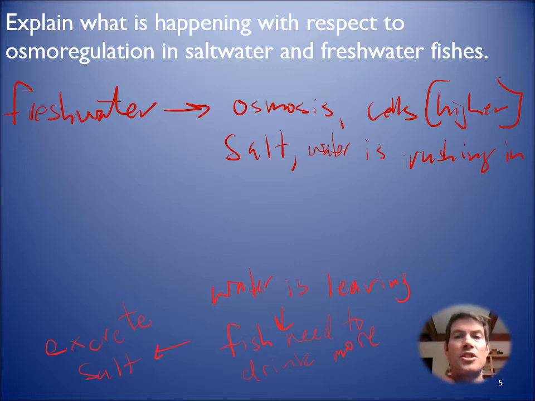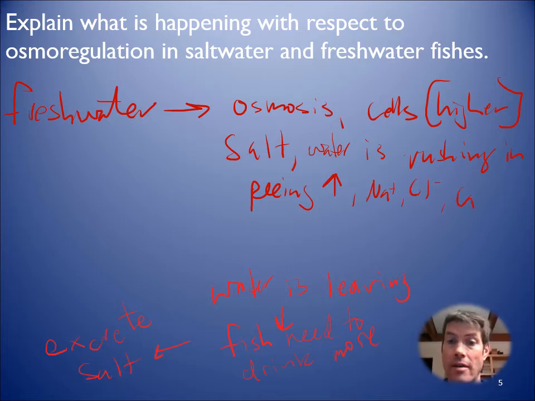So water is rushing in. So they have so much water, they got to deal with that. And so the fish is going to be peeing a large amount. And in that pee, you're going to have ions like sodium, like chlorine, like calcium. So they're going to have to try and recover that.